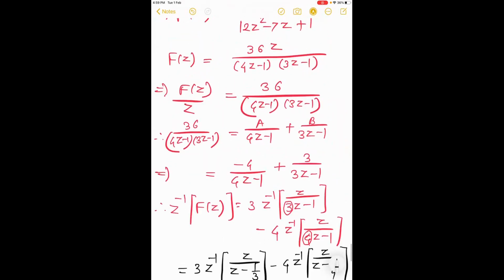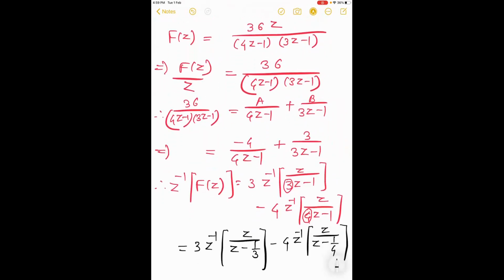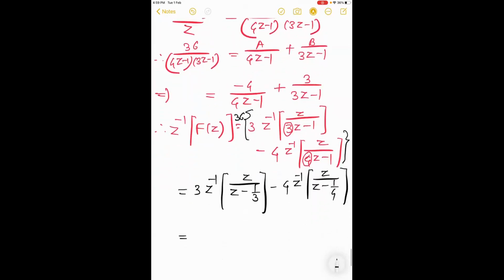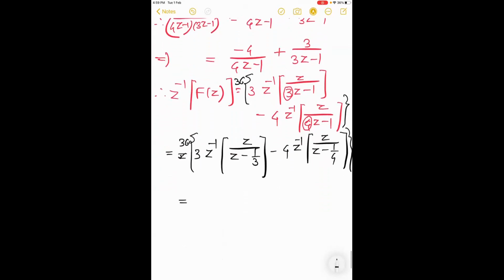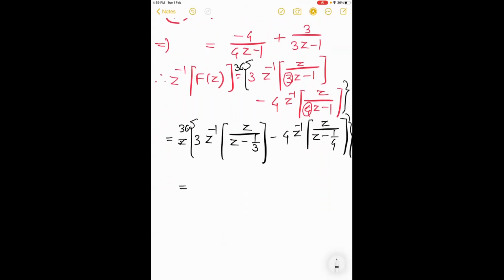One more 36 is there that I forgot to take. So this is actually multiplied by 36. 36 into this thing. 36 is there in the numerator, that is to be taken. Okay, 36 will be here and z upon z minus 1 by 3.